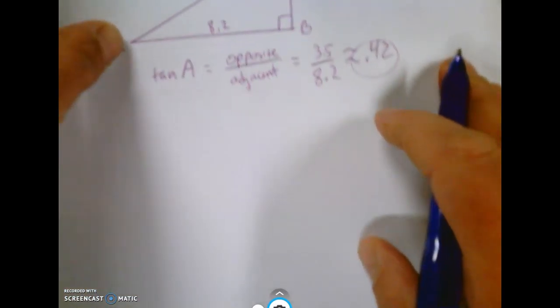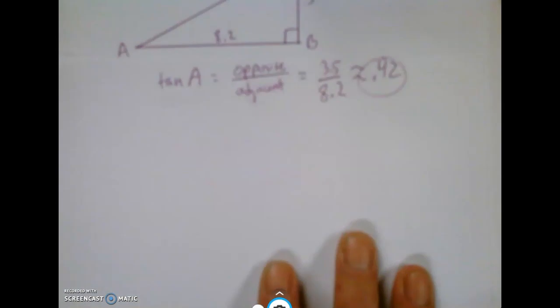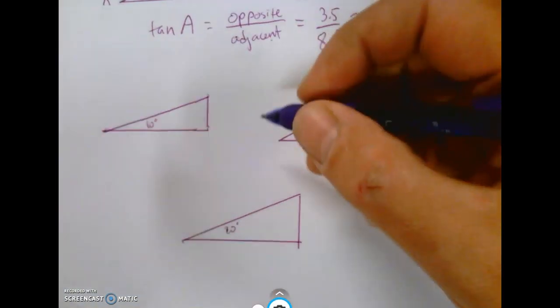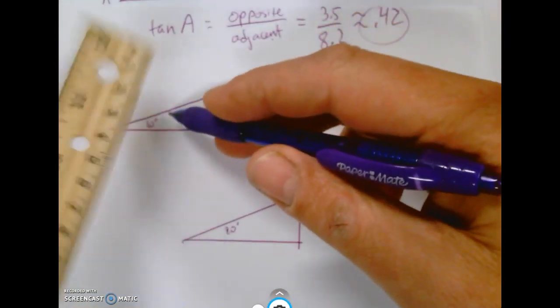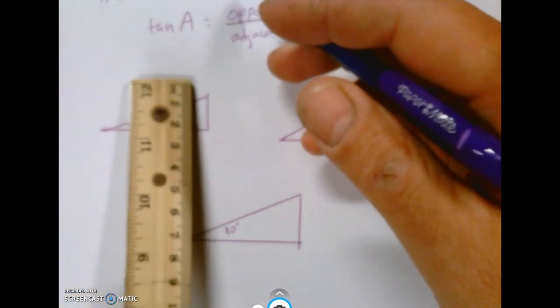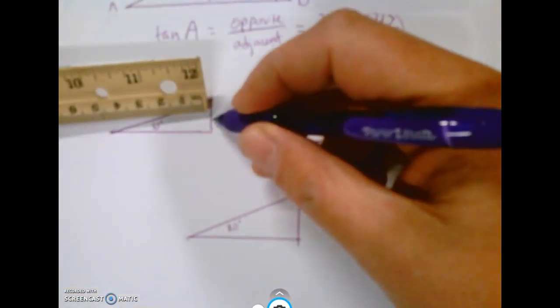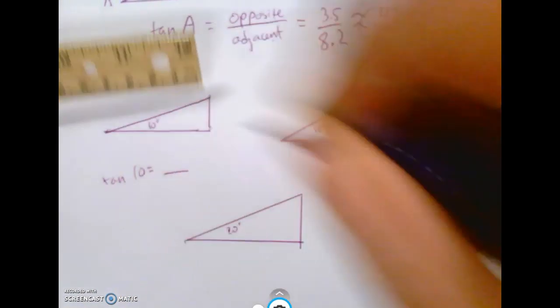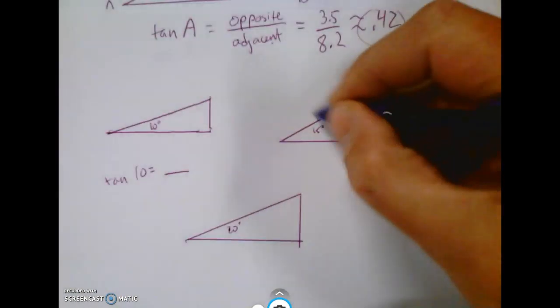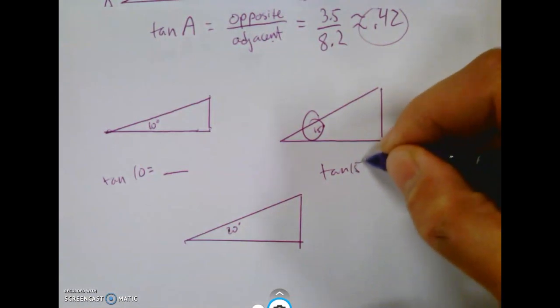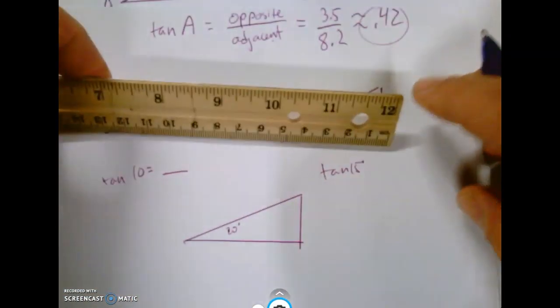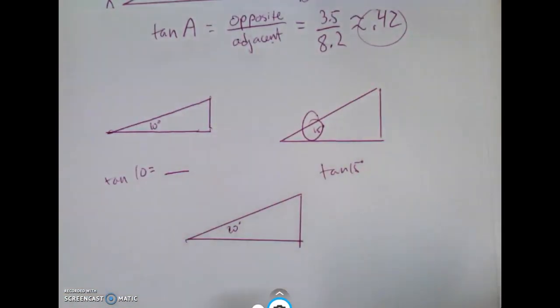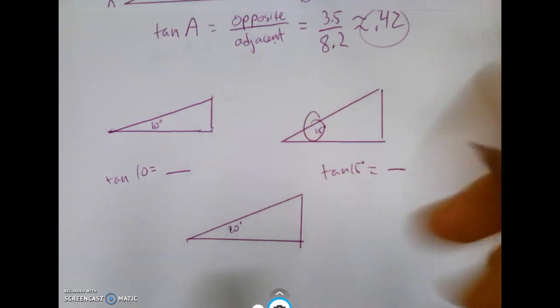But again, how did they get that? Let me show you. Someone would have drawn, at some point, a 10-degree angle using a protractor and measured very accurately the ratio of those two sides. Then you'd write what the tangent of 10 was, and they put that in the table. Then they cranked it up to 15, measured the two values, and had a ratio for the tangent of 15.